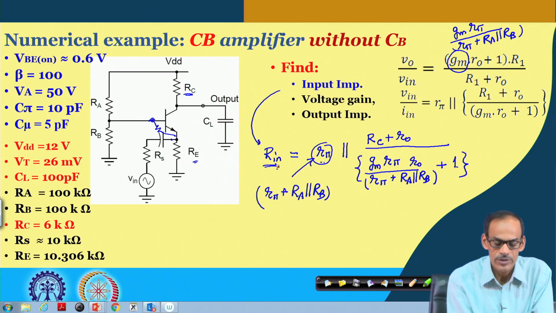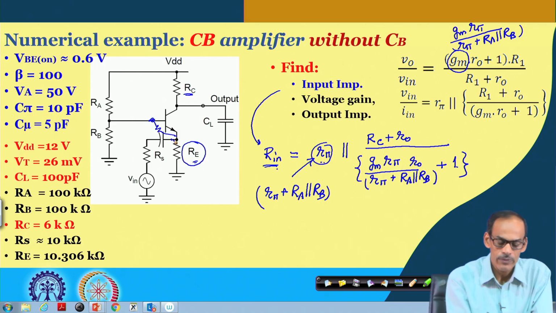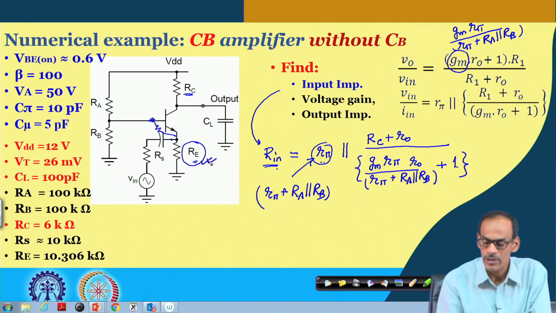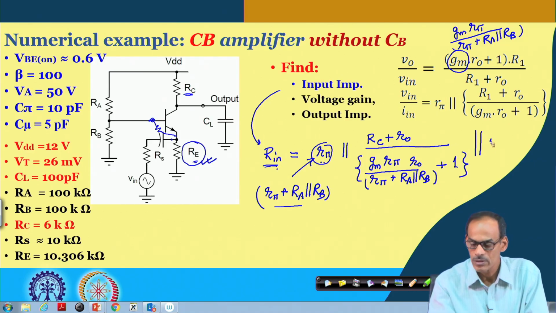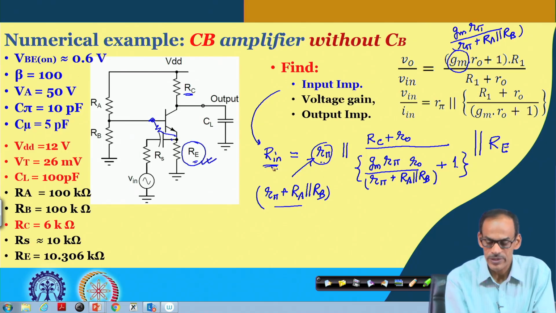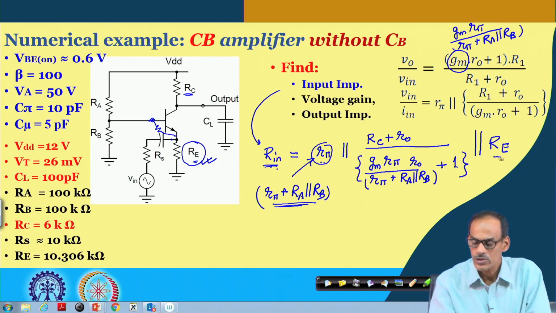Of course, this input resistance is not considering this R e. If you consider the effect of R e, then this whole part should come in parallel with R e. So, the summary is that this input resistance is getting modified here, and we also have this R e. Now, likewise the voltage gain.